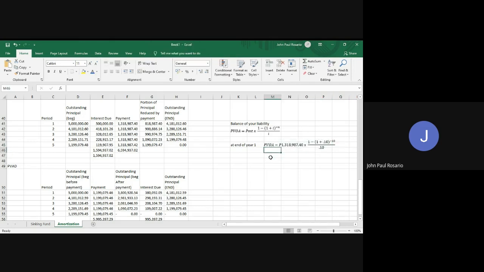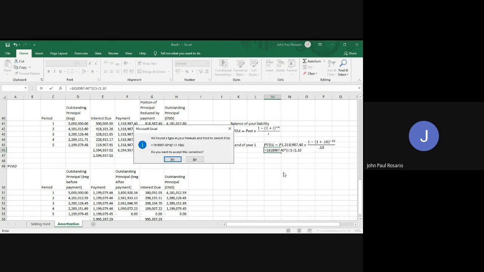Okay, so if you would compute this, it is 1,318,987.40, and then we multiply that by 1 less 1.10 raised to negative 4. It's 4 already, guys, I'll edit that later.